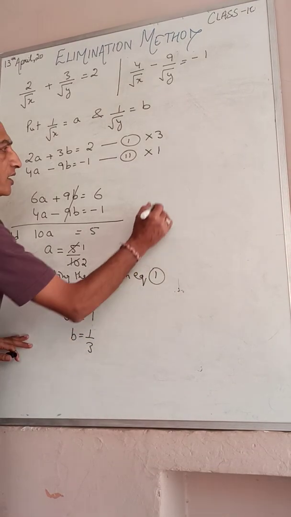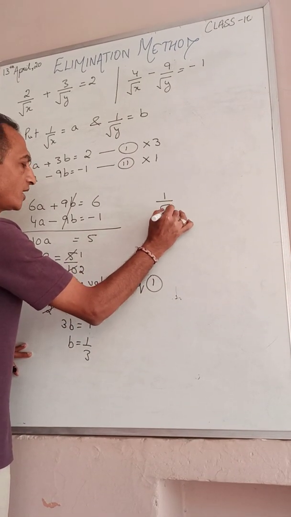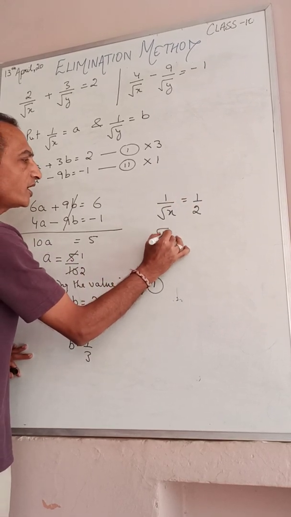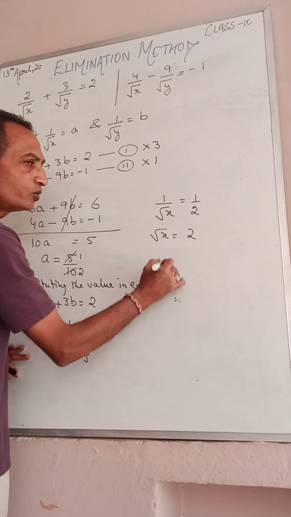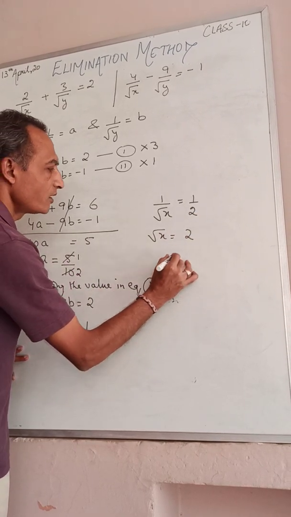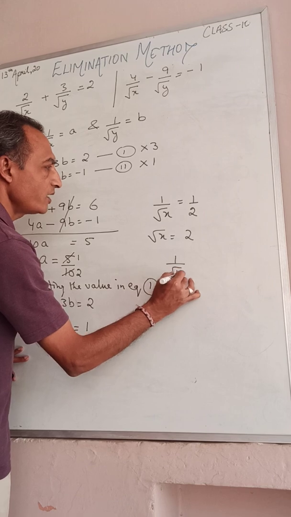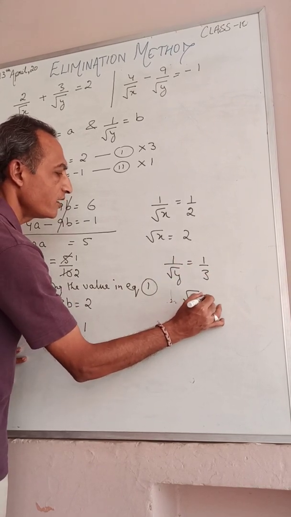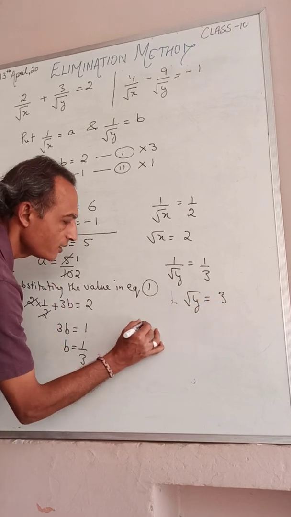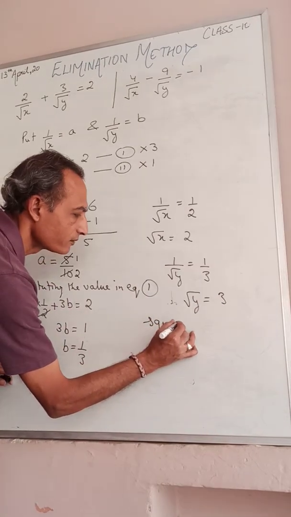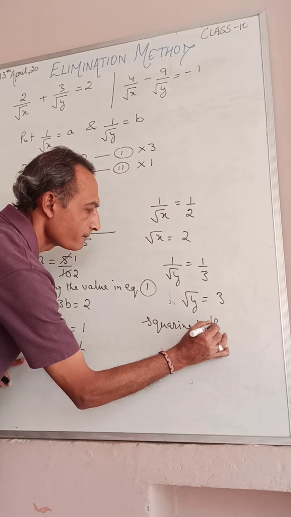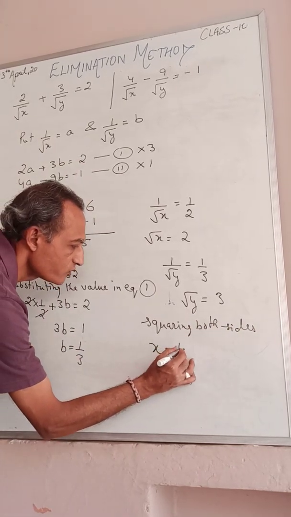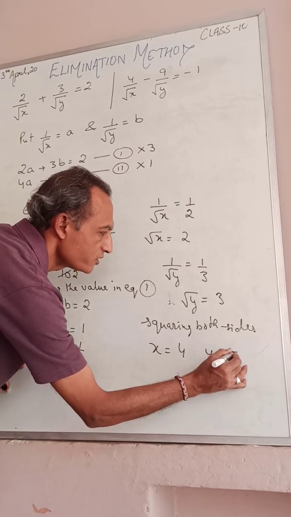In place of a, I write 1 upon root x and I put it equal to 1 upon 2. Root x is equal to 2. Similarly, 1 upon root y equals 1 upon 3, or root y equals 3. Squaring both sides, I get x equals 4 and y equals 9.